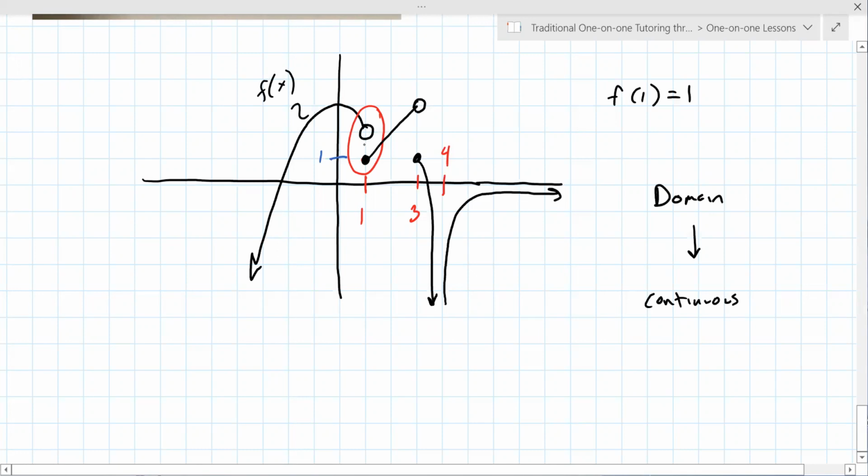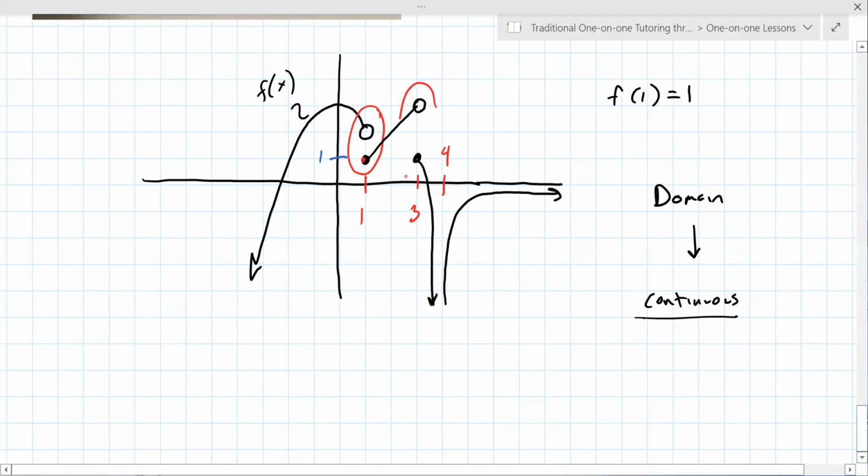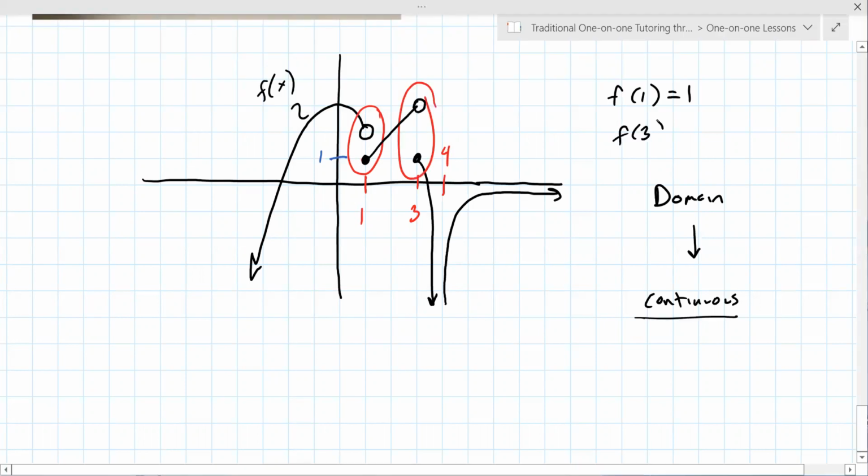Like this is not continuous at 1, but the domain is defined there. Okay, and maybe that's what you're referring to. So it's not continuous. Same thing at 3. At 3, it is not continuous, but the function is still defined at 3 because f of 3 equals 1 again.